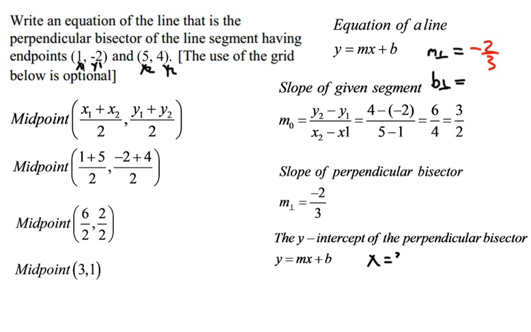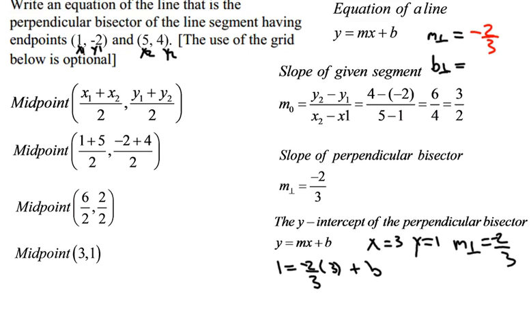So the x is 3, the y is 1, and the slope, or the m, is negative 2 over 3. Make sure you use the new slope, not the old one. So you're going to plug into this. You get 1 equals negative 2 over 3 times 3 plus b, and you're going to solve for b.